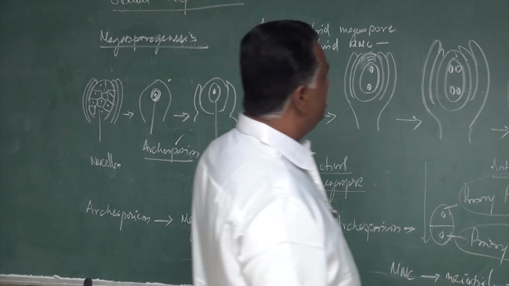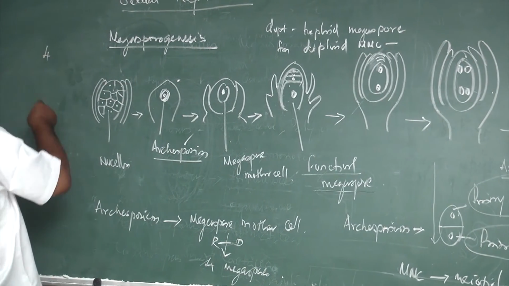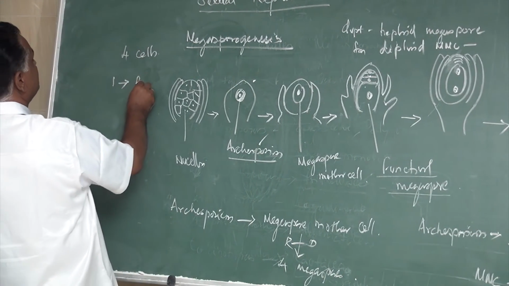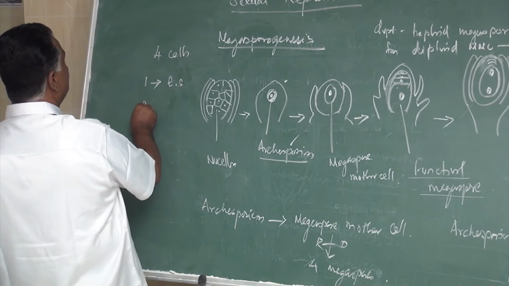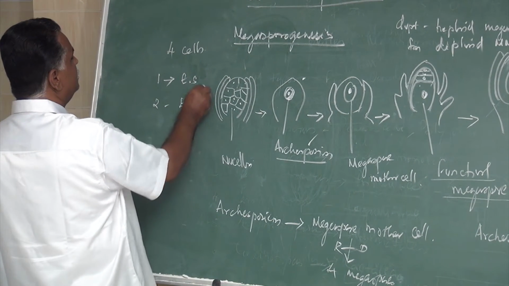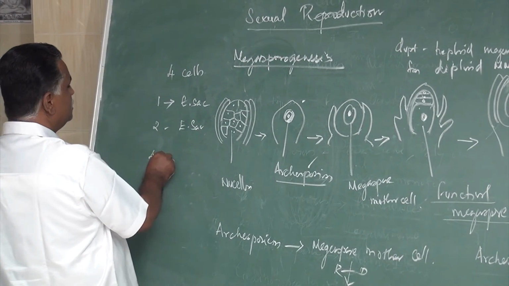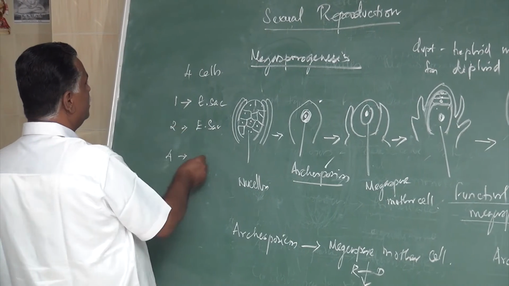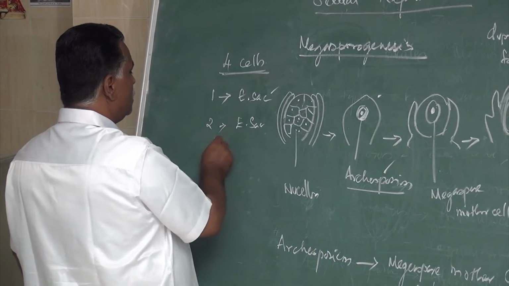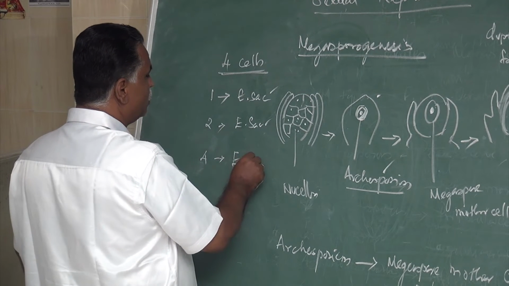In many cases, among 4 cells, only one develops the embryo sac; in other cases 2 cells, or all 4 cells, are involved in the formation of the embryo sac.